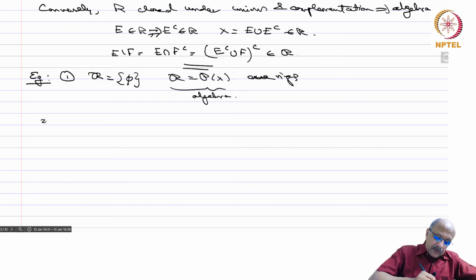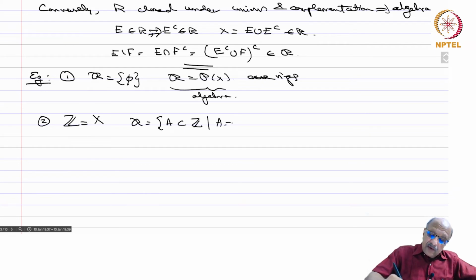So second example, slightly non-trivial. So Z equals X. So Z is the set of all integers, and then you take R to be the set of all A contained in Z, such that A is non-empty and finite, or A is empty. Okay, so then R is a ring.